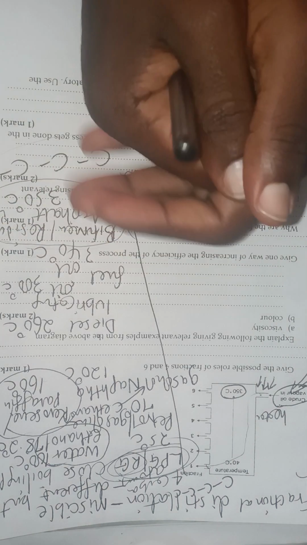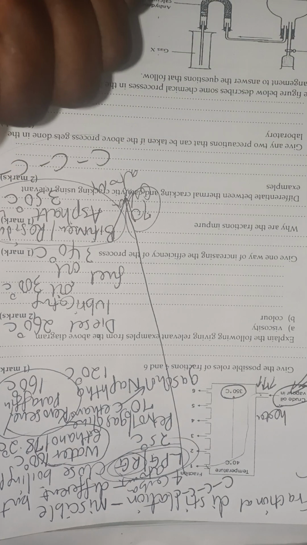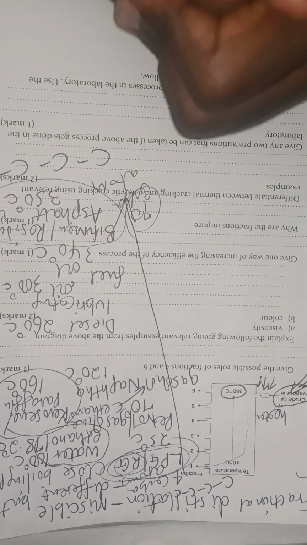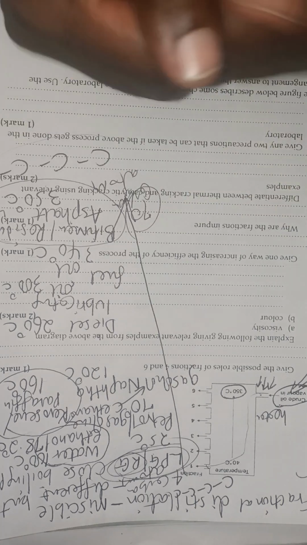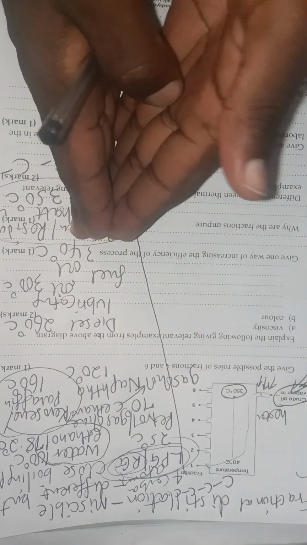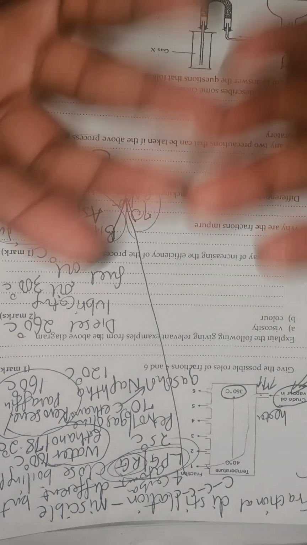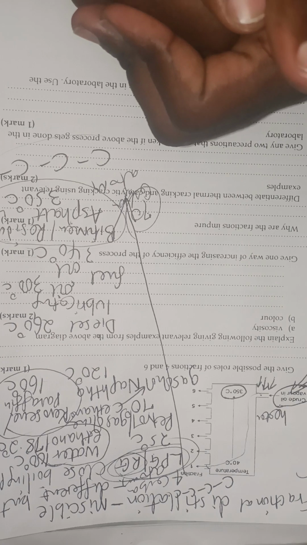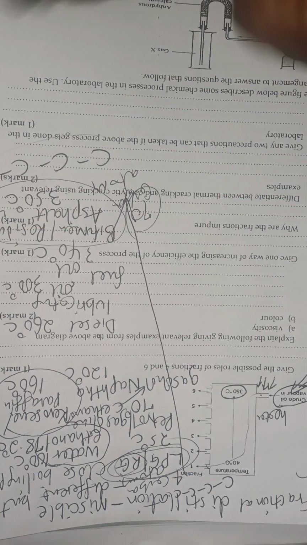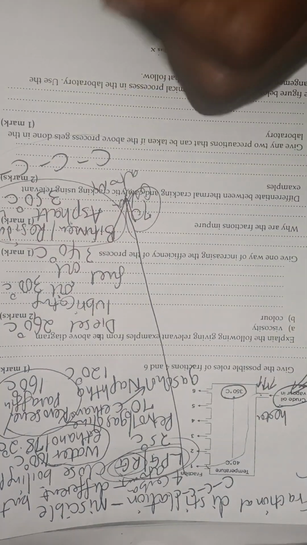Gasohol can be used as a more refined and more engine-friendly fuel in different engines in our environment. So petrol or gasoline can be mixed with ethanol to form a fuel called gasohol that becomes more engine friendly, preventing any form of knocking in the engines.